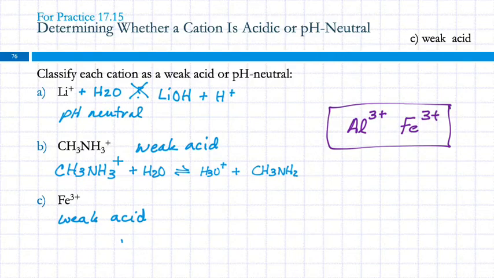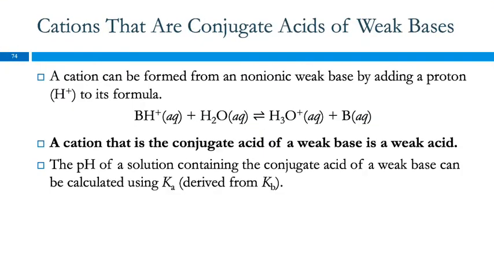Yeah, we can always write it as reacting with water. If you try to memorize these things, like a cation that is the conjugate acid of a weak base is a weak acid. There's another one, an anion that is the conjugate base of a weak acid is a weak base. Good luck memorizing those things.